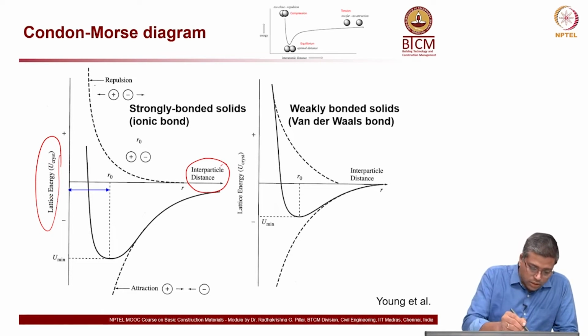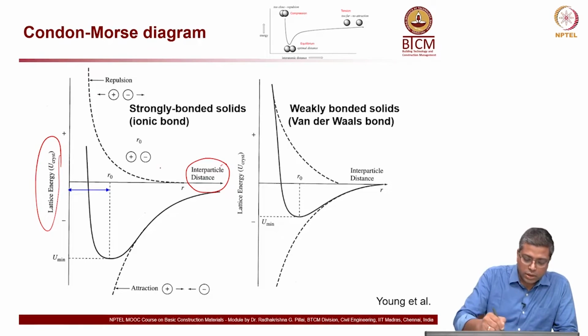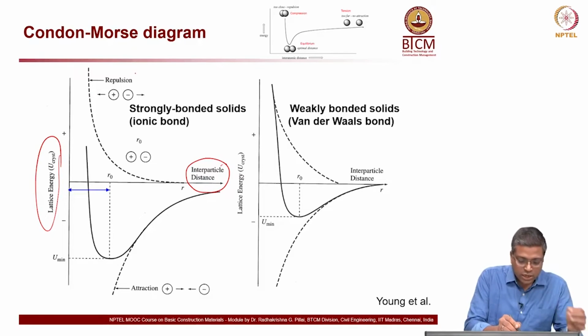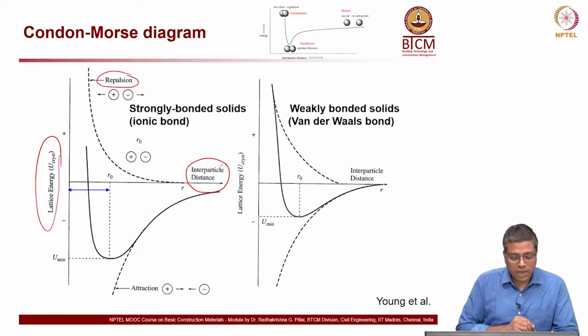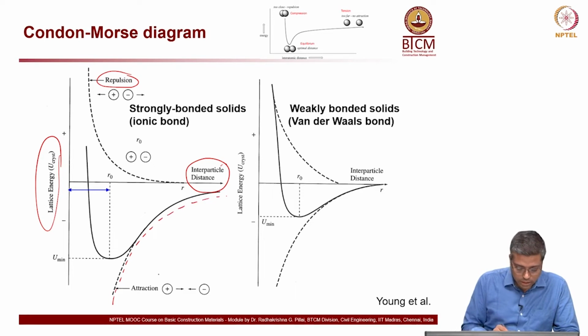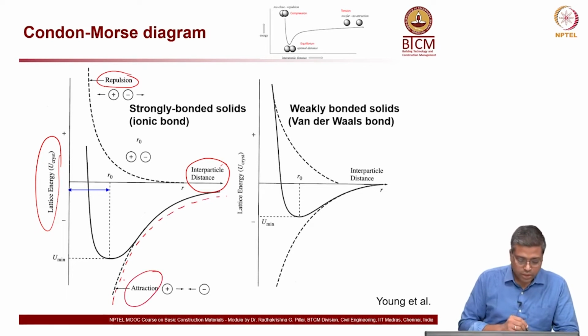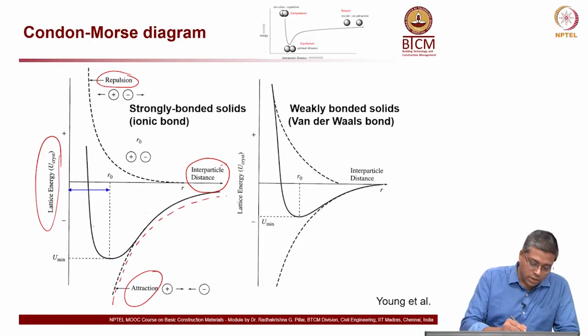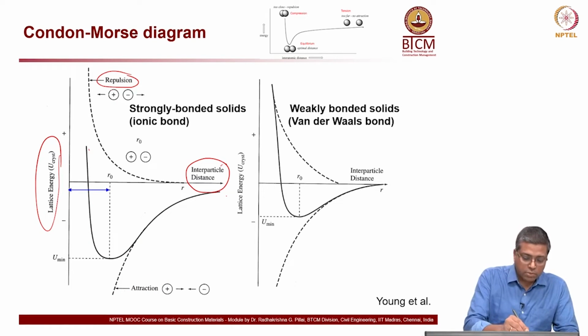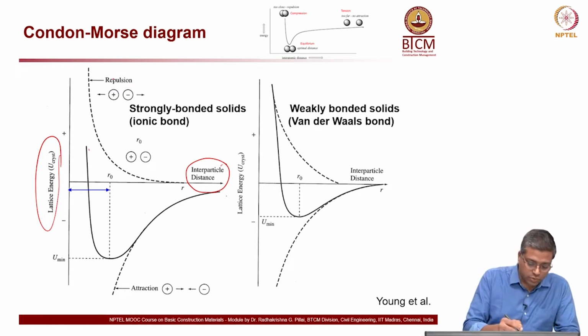Now, look at the top dashed curve, which indicates the repulsive force which is acting, and the bottom dashed curve indicates attractive forces. When you add these repulsive and attractive forces together, you get this solid curve.